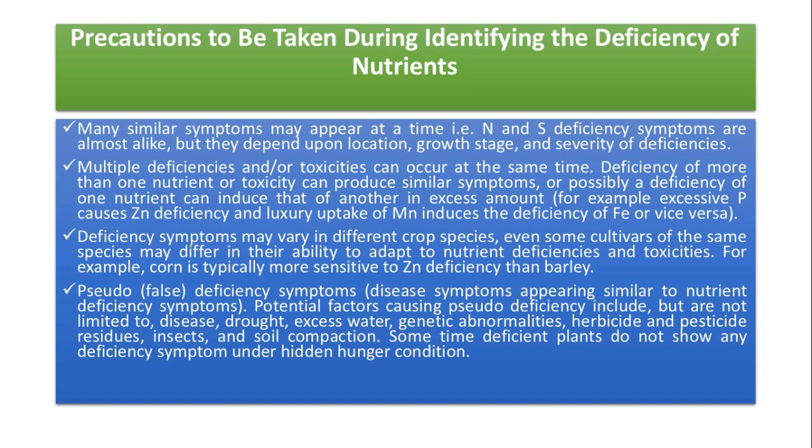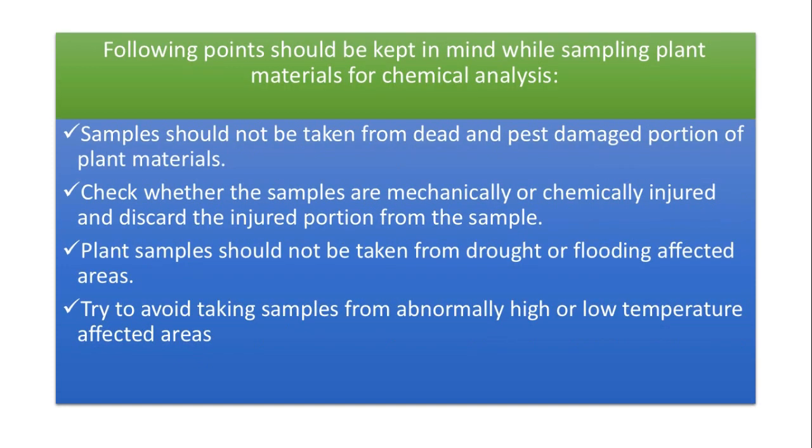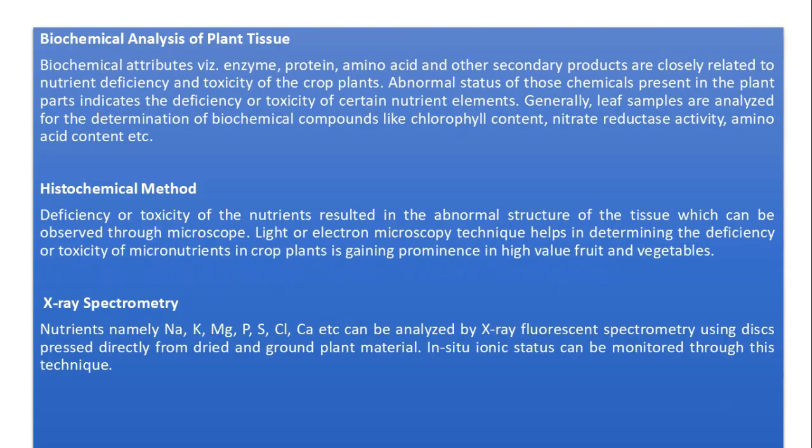Precautions to be taken during the identification of nutrient deficiency. Next, the biochemical analysis of the plant tissue. Biochemical analysis attributes different systems like enzymes, proteins, amino acids, and other secondary products that are closely related to nutrient deficiency and toxicity of the crop plants.